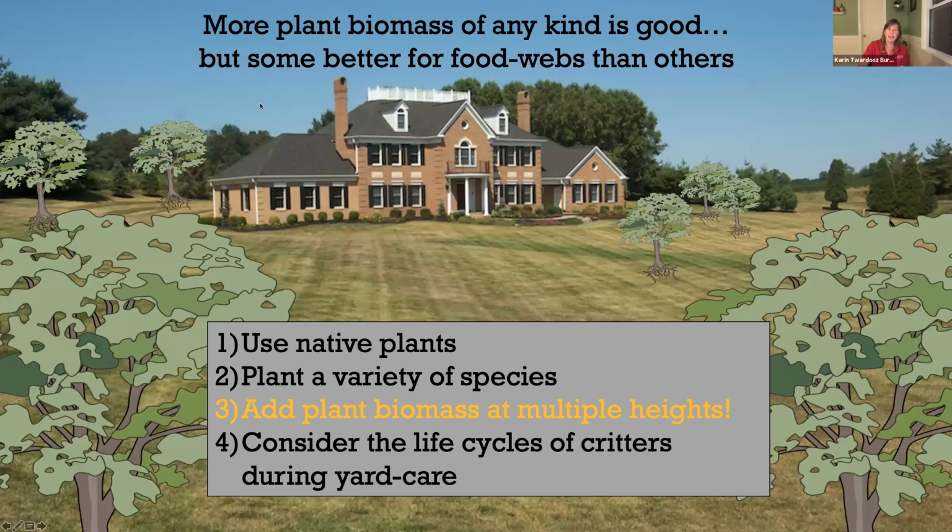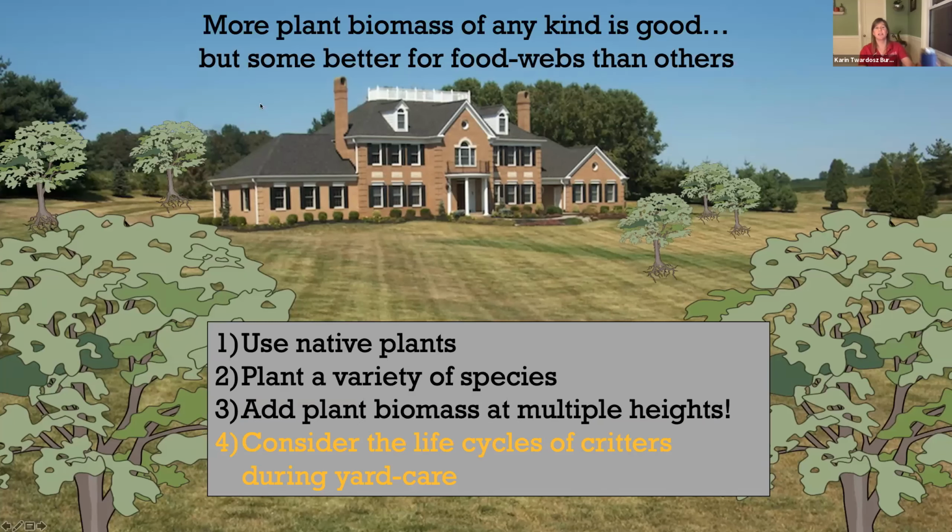And the last thing I want to talk about is thinking about other aspects of the life cycles of these creatures while you're doing your yard care. Up until now, I've really focused on larval host plants as an important part of insect-friendly landscapes. And I think that's a very important component that we weren't really considering 20 years ago or so.